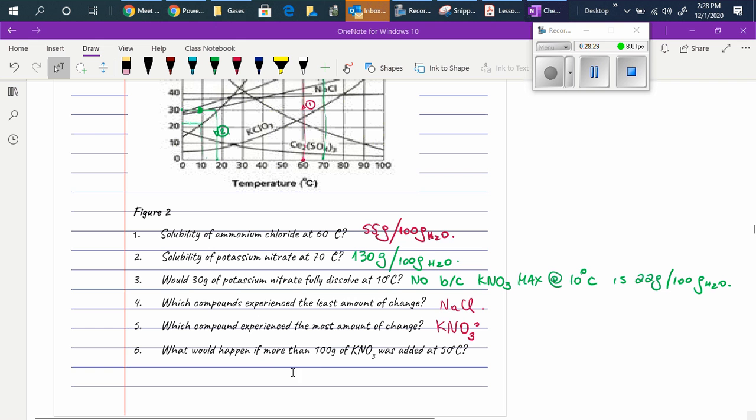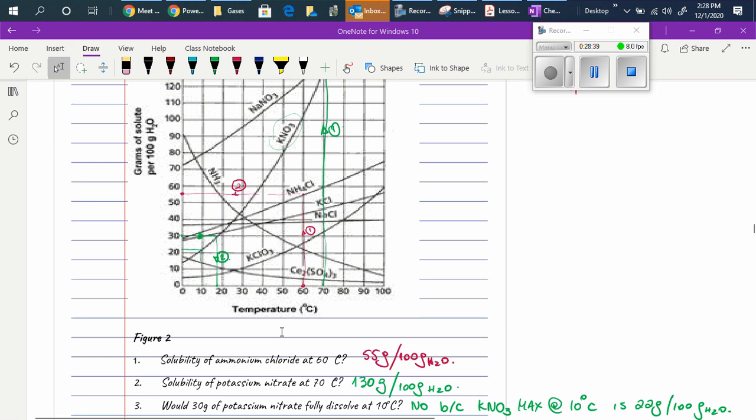What would happen if more than 100 grams of KNO3 was added at 50 degrees Celsius? So now if we go to KNO3, we have 50 degrees Celsius, then it will not all dissolve.